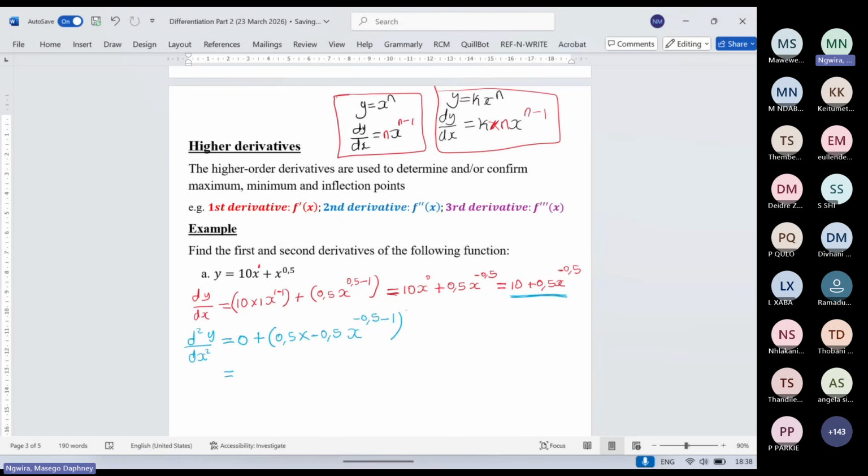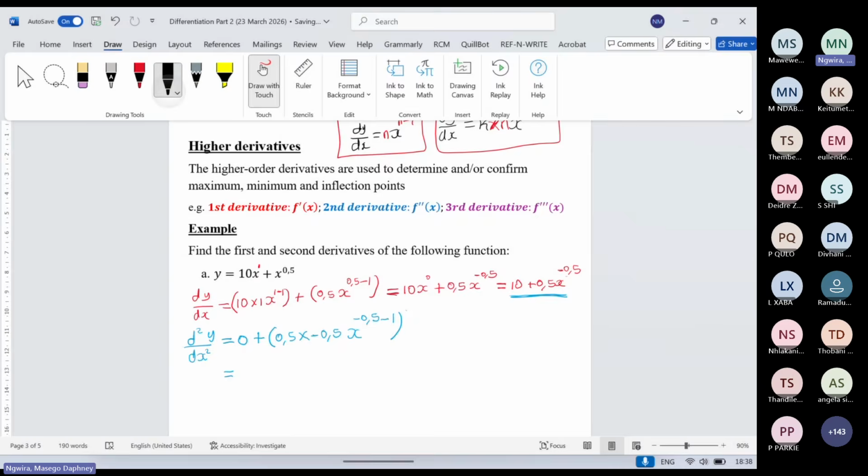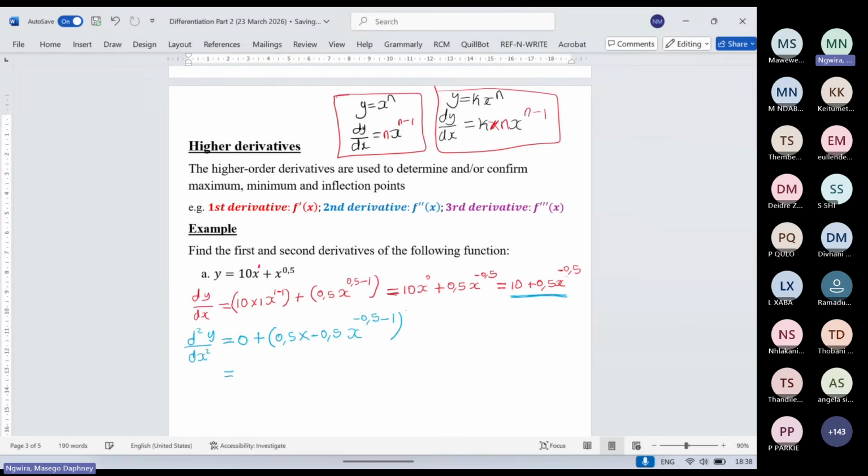I said 0.5 because I already had the 0.5 times this negative 0.5 and then x to the power of negative 0.5 minus 1. So I will have here, because 0 is just 0 here, 0.5 times negative 0.5. I know it's 1 over 4. What is 1 over 4 in decimal form? 0.25.